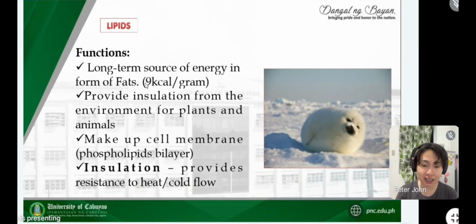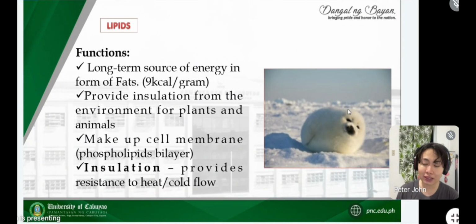Provide insulation from the environment for plants and for animals. So yes po, pwede siyang mag-provide as a source of protection from the harsh environment. Kung nakikita niyo dito sa picture, this one is a harp seal. Harp seal is one of the organisms na kadalasan makikita natin sa malalamig na lugar.